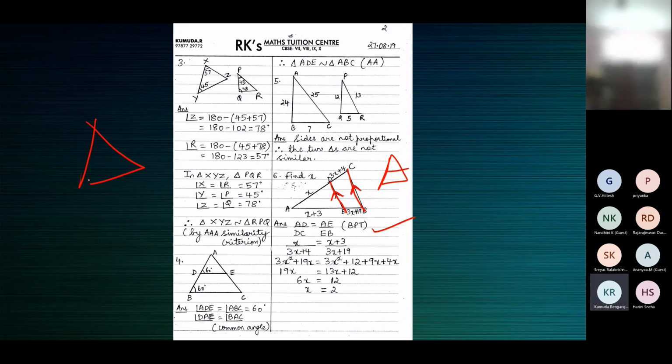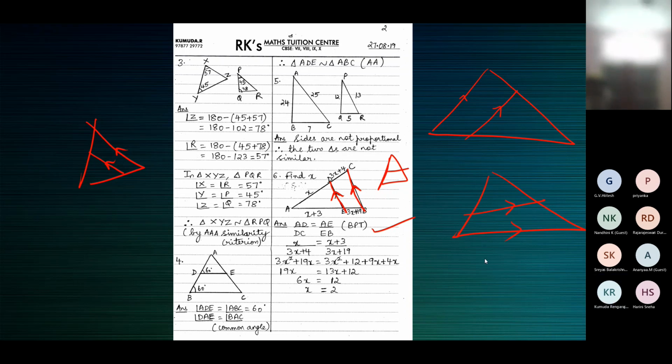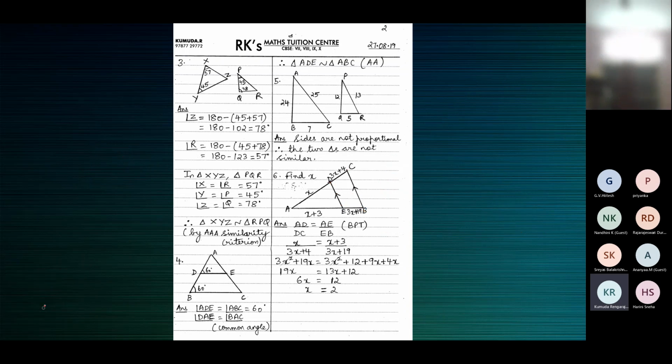Like see here, if this line is parallel to this line, or in a triangle like this, parallel. So in a triangle, when you have a set of parallel lines, you can use BPT and get a proportion. Once you write it, this proportion is nothing but an equation. So when you substitute the values given, you can find the unknown.